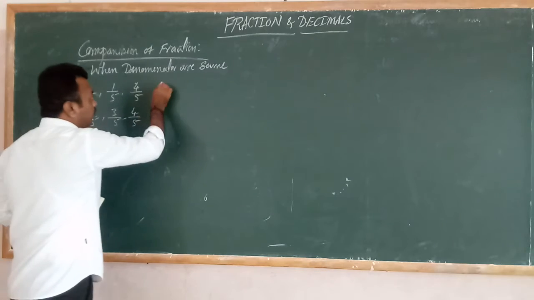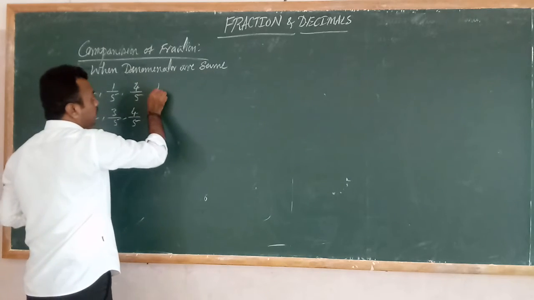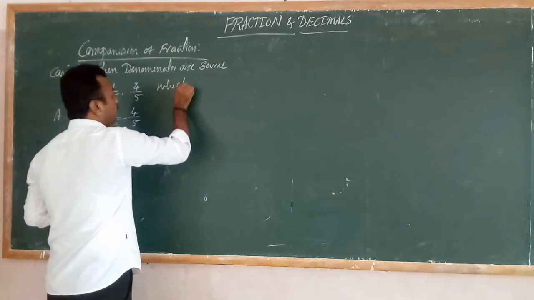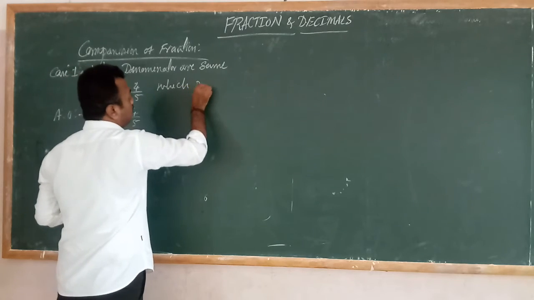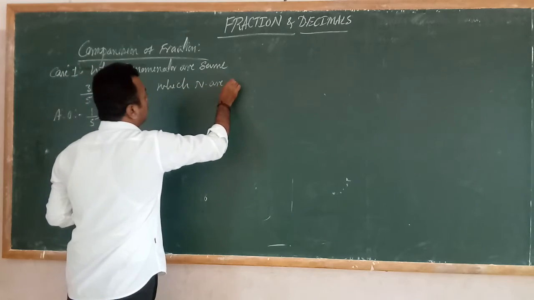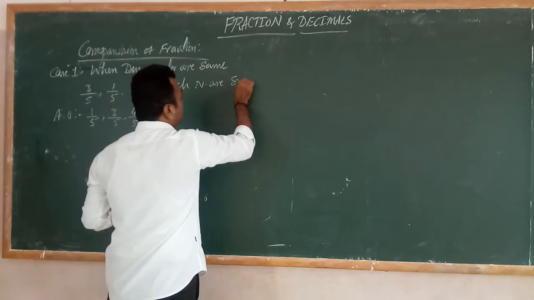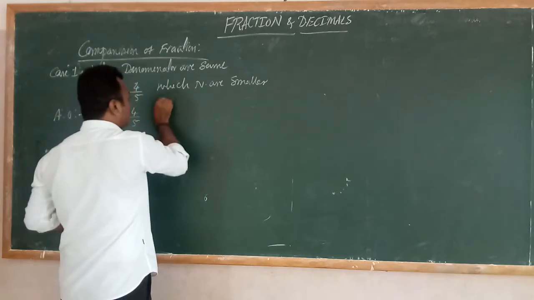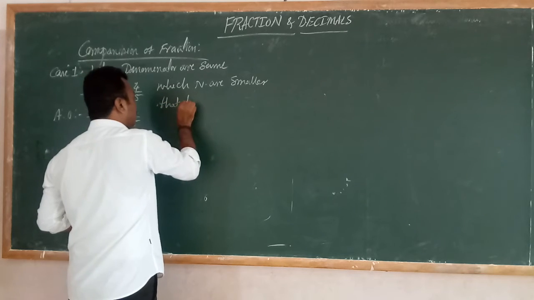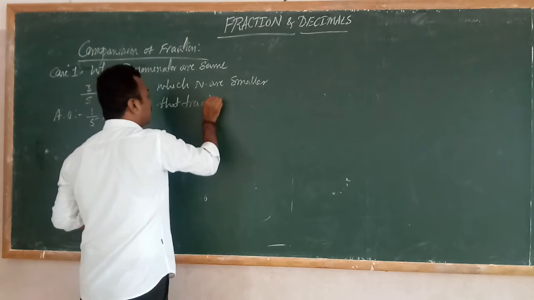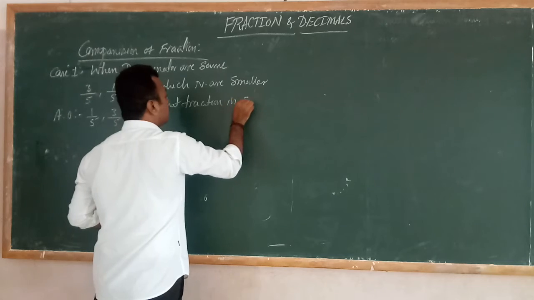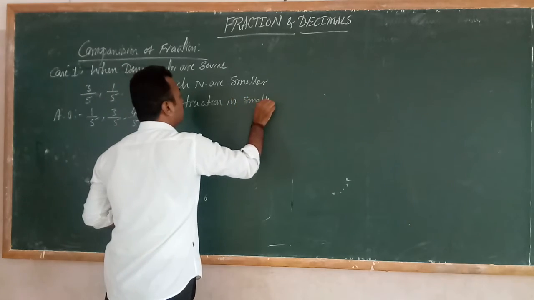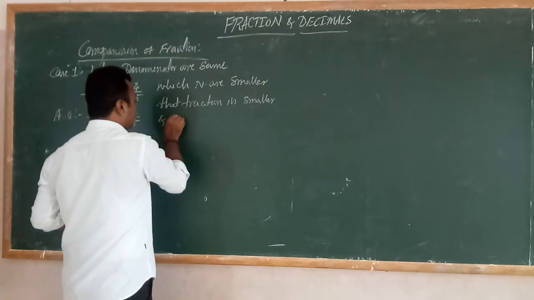So when the denominators are same, which numerator is smaller, that fraction is smaller, and vice versa.